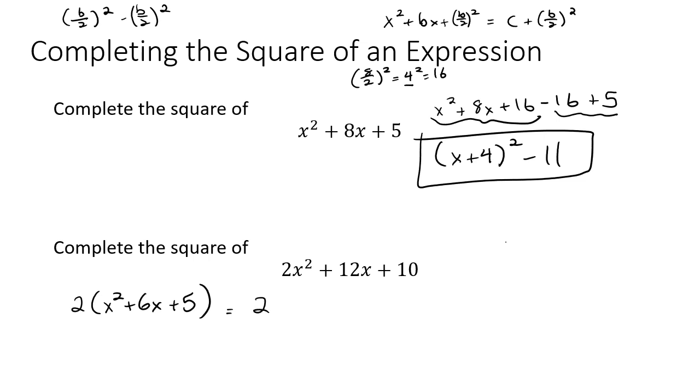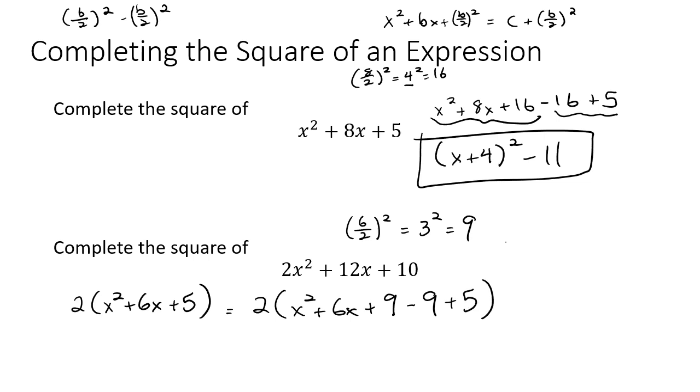So this is going to be 2 times all of x squared plus 6x. The 5 is going to stick around again. This time what I add is b over 2 quantity squared, which would be 9. So I'm going to add 9, subtract 9, still with the plus 5.